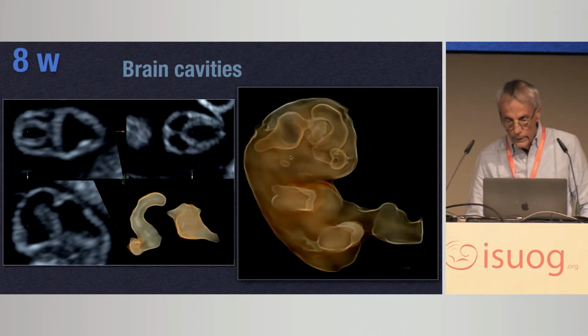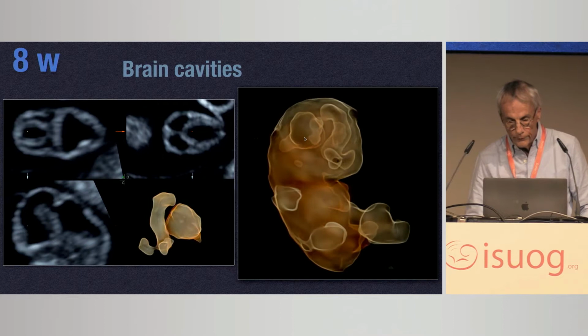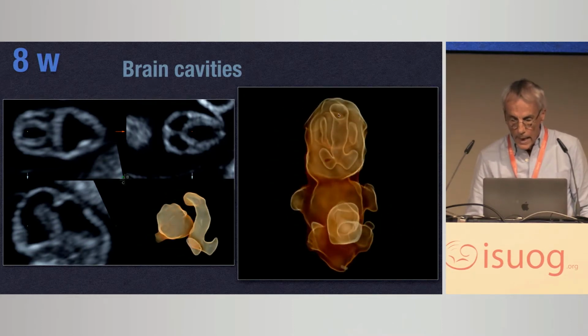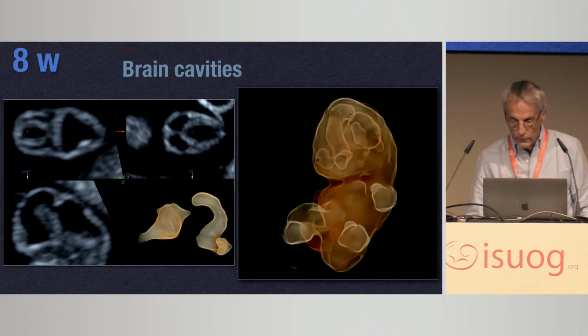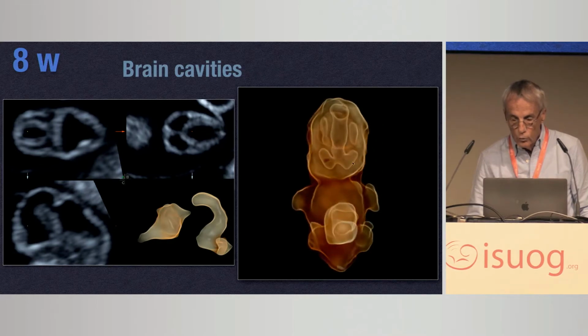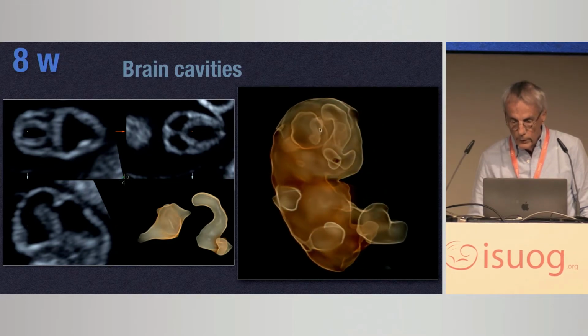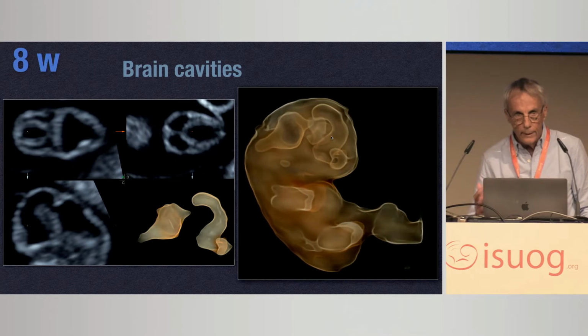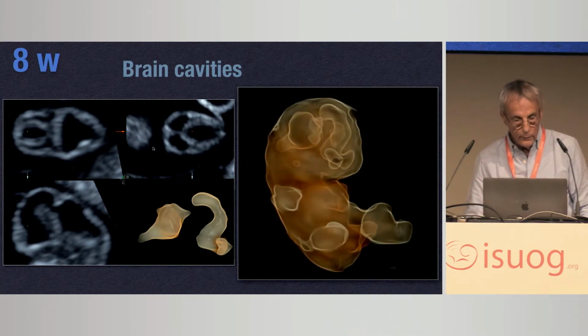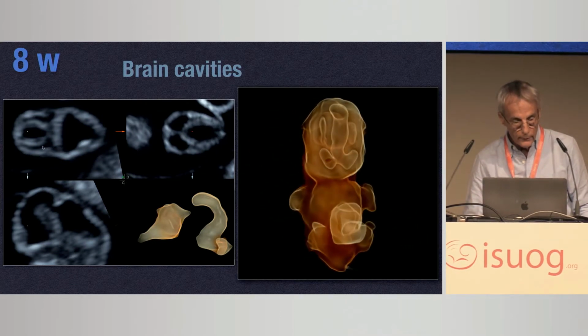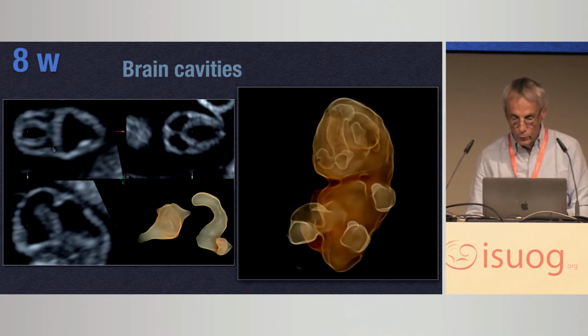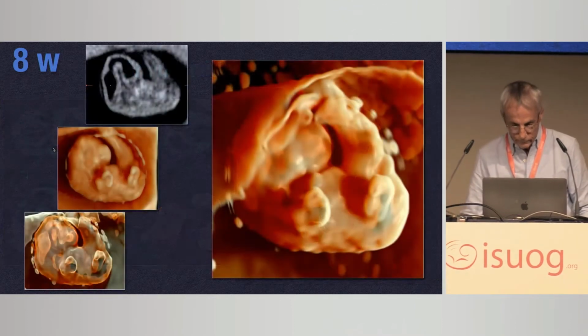You can see, so again, the posterior part, the rhombencephalon, this is the biggest one, and the diencephalon, the mesencephalon, and here the 2 lateral ventricles. And what you can see here, it's not a part of the lateral ventricle, it's only the pericerebral space you can see here, and it's quite important at this stage of pregnancy.